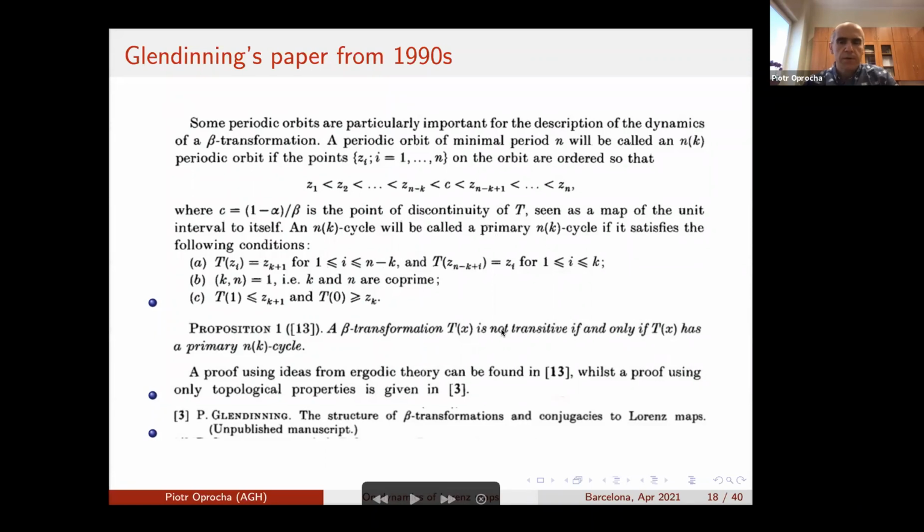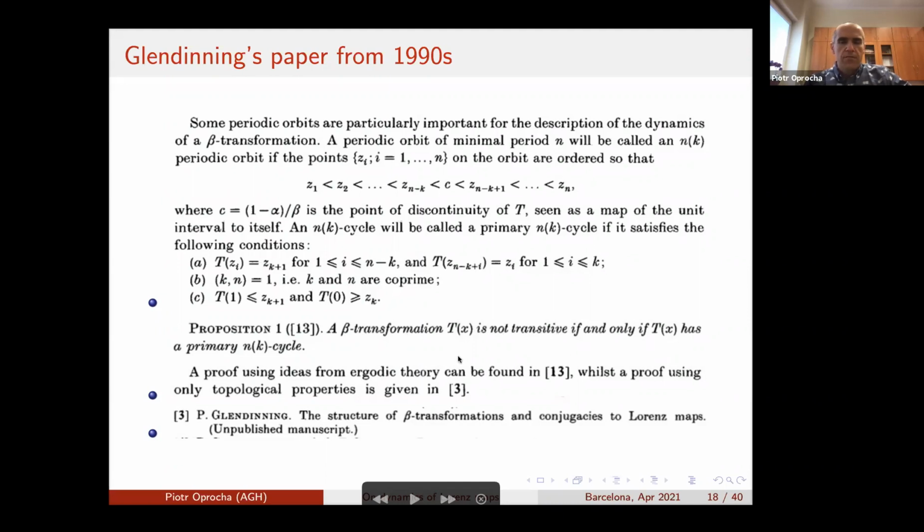And then in this paper, it seems you have a full characterization of transitivity, because it says, here it says beta transformation, but these are Lorenz maps with constant slope, that they are transitive or non-transitive only if you can find this primary NK cycle. So it seems like everything is characterized, right? Like transitivity has a full characterization by this NK cycle.